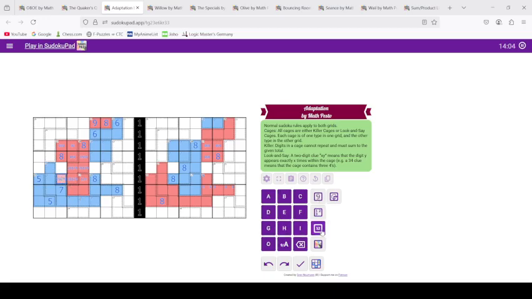This is not a 7. These are not 5 anymore. One of these two is a 5.